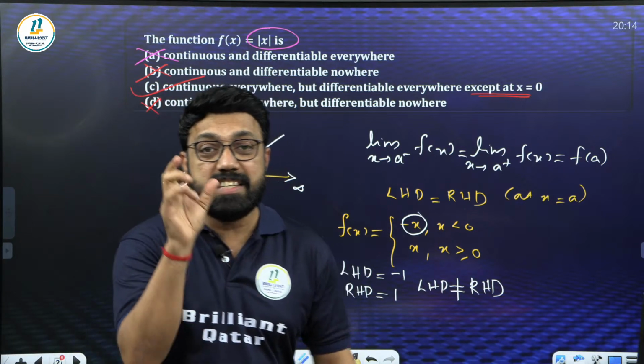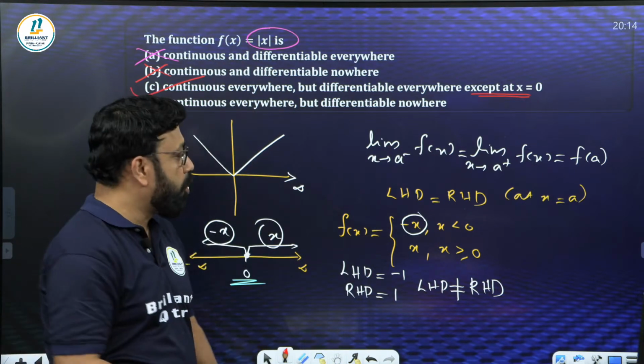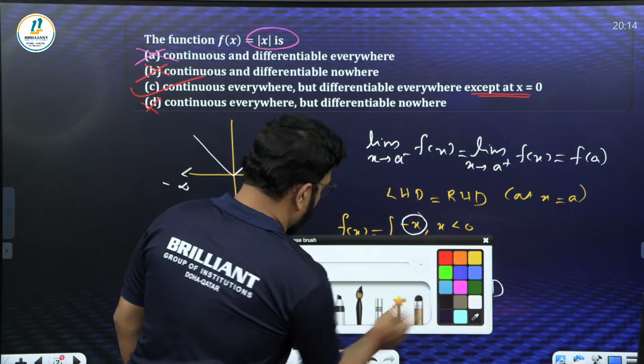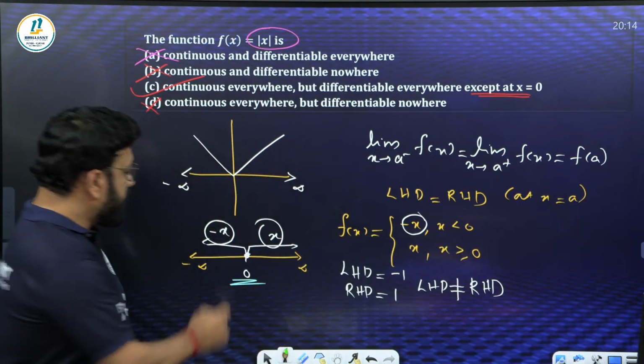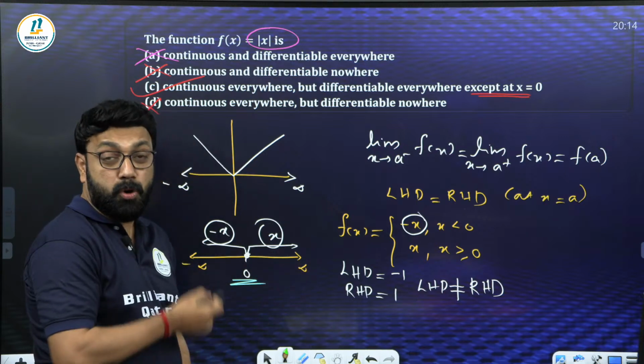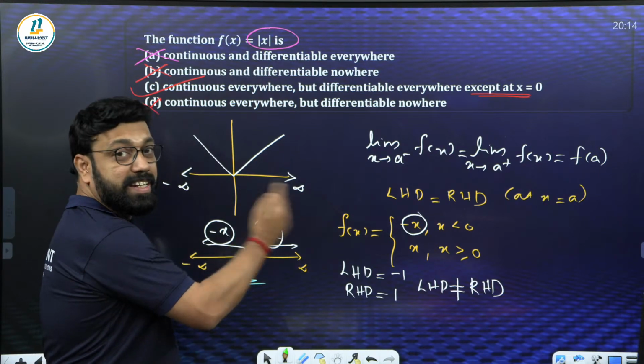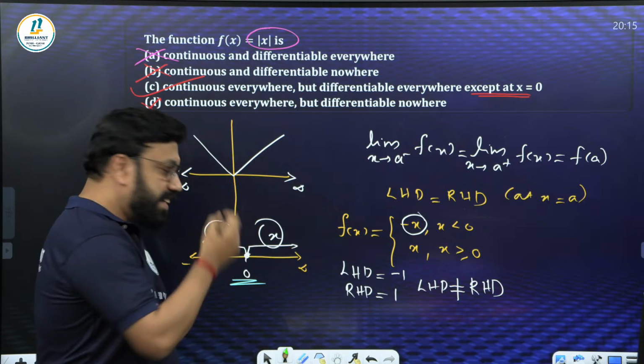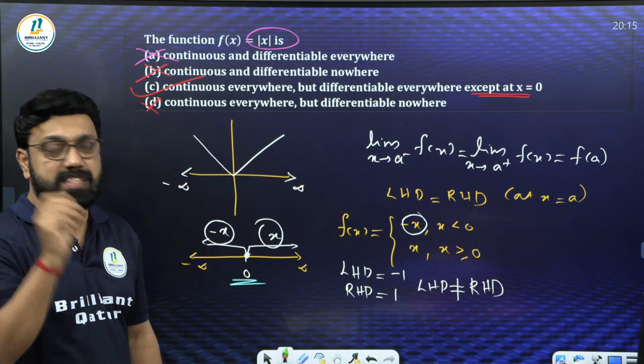So I told you this is the normal method, but instead of the normal method, you just check from here once again. We just split the modulus function to the left side and right side of that particular critical point: minus x, plus x. Here itself I can check what is LHL and what is RHL.